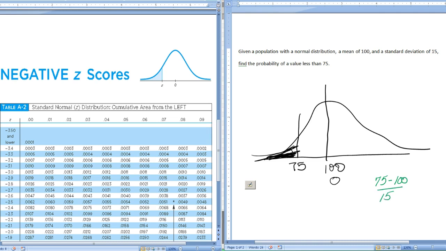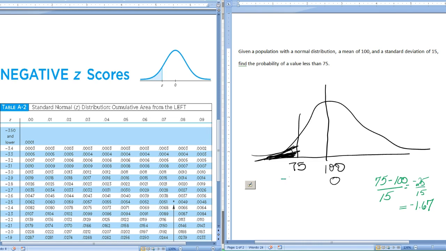It's always x minus the mean, is going to give us negative 25 over 15. And that's going to give us a z of negative 1.67.